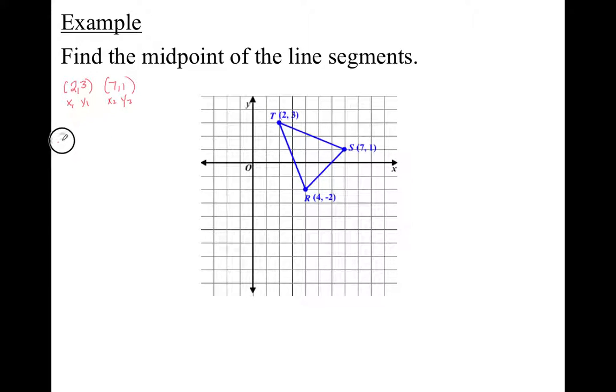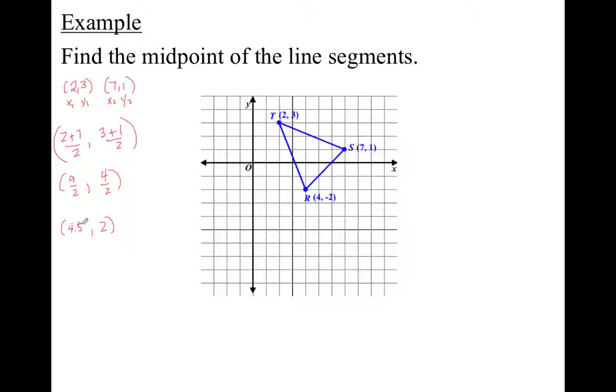Well, that means that I've got a 2 plus 7 divided by 2 and a 3 plus 1 divided by 2. That gives me a 9 divided by 2 and a 4 divided by 2, which gives me a 4.5, comma 2. That is my point.